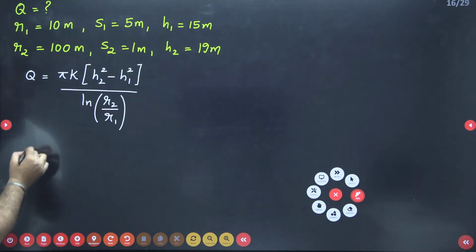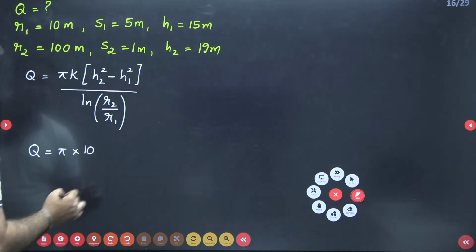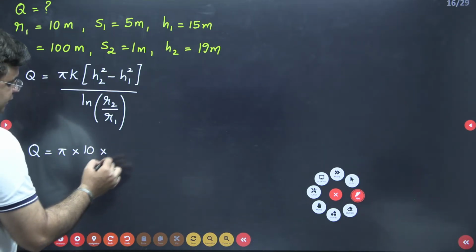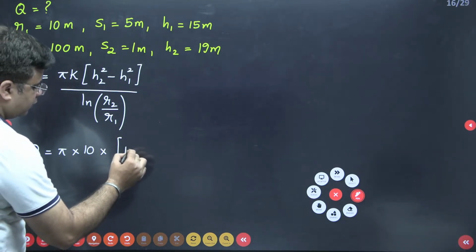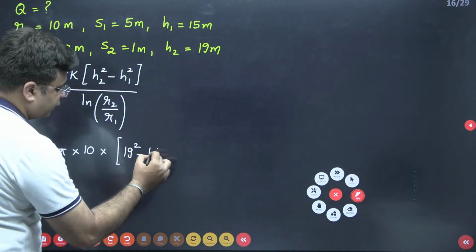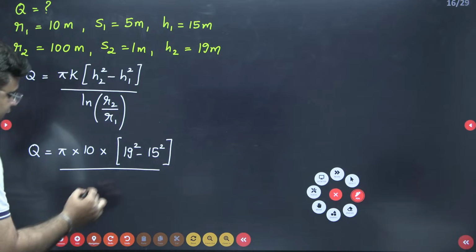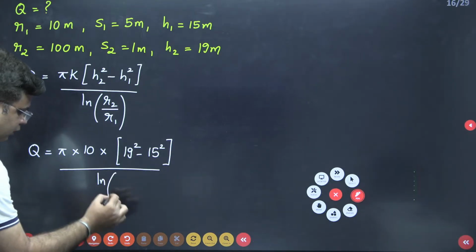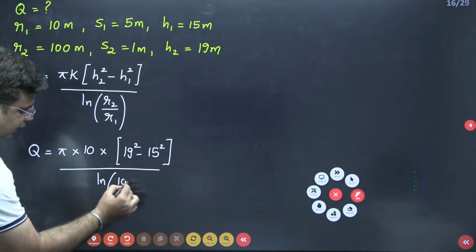So Q is equal to pi into 10 meter per day into 19 square minus 15 square divided by natural log of R2 by R1. R2 is 100 and R1 is 10.